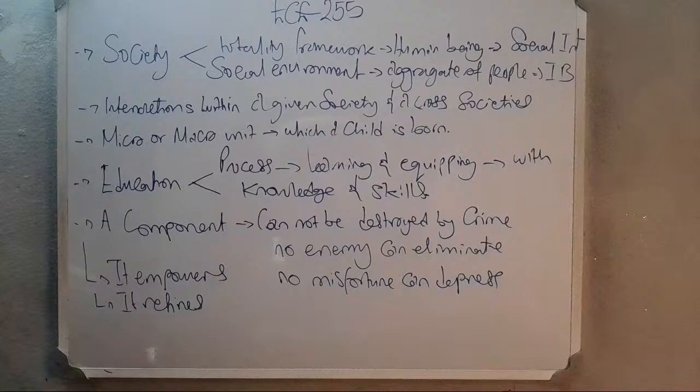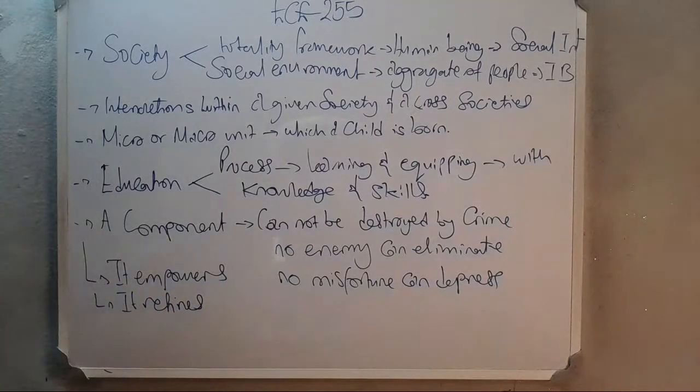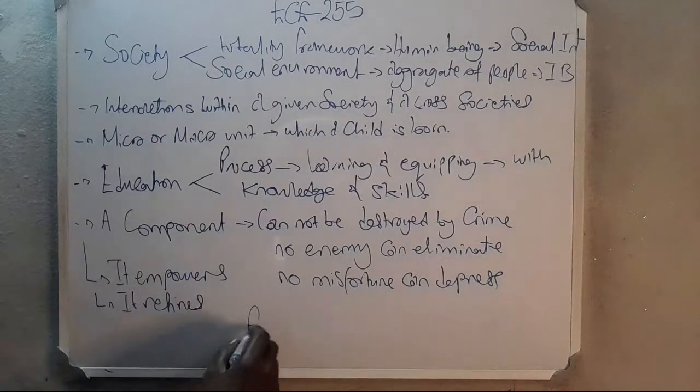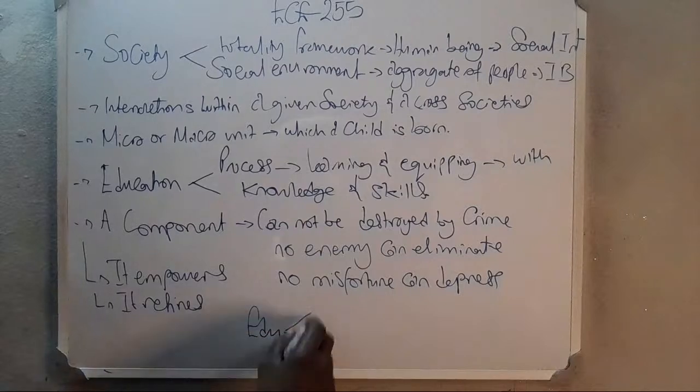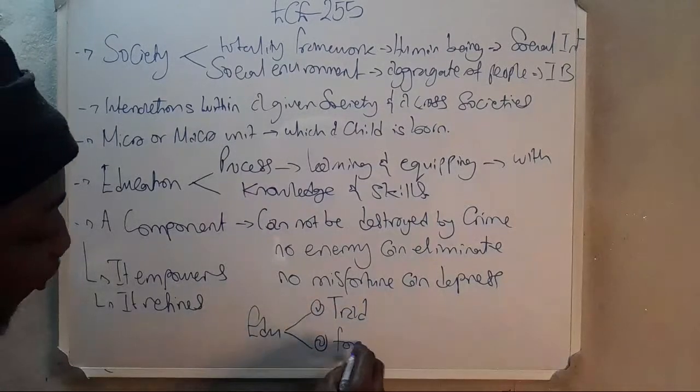In identifying the roles of education in society, it is important to observe that there exist two types of education: the traditional education and the formal education. We have the traditional and the formal.